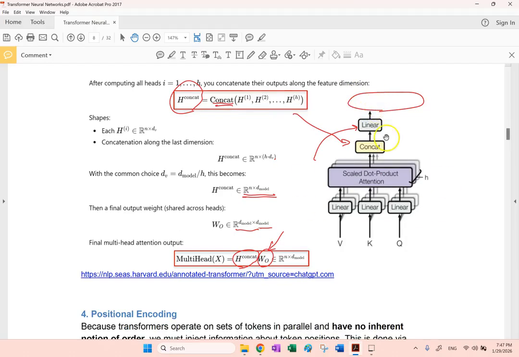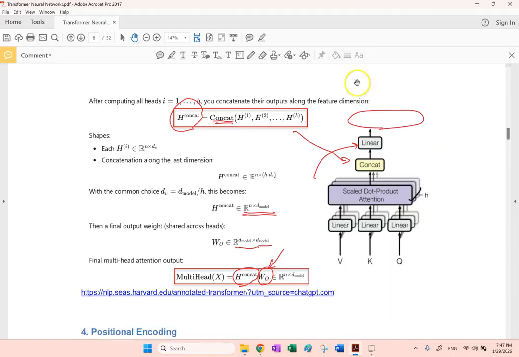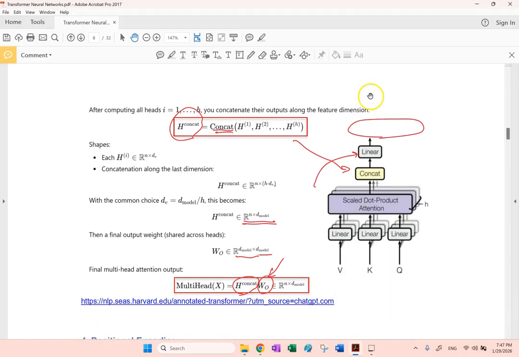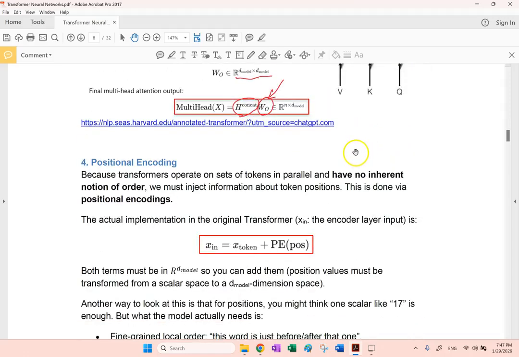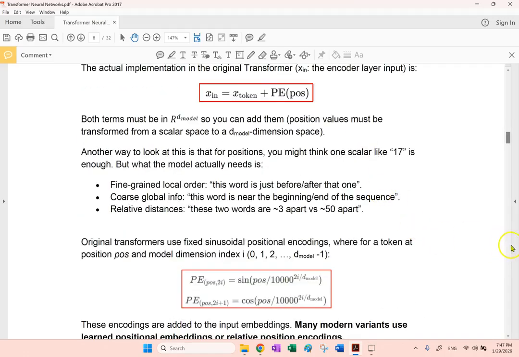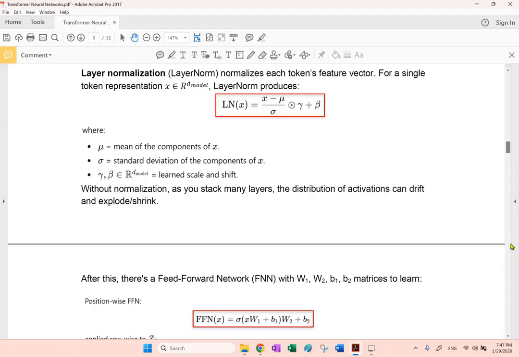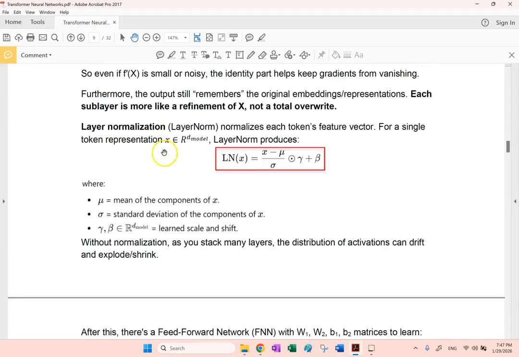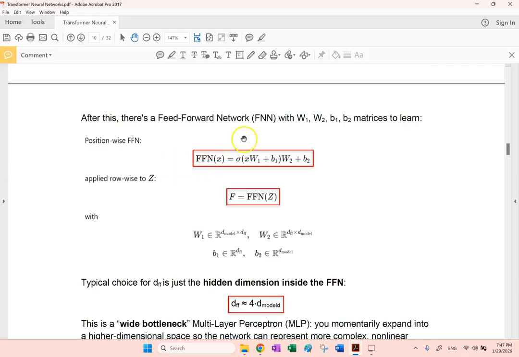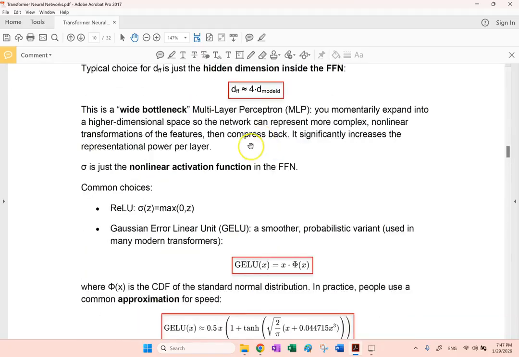Now, before we go to see the rest of it, which is n stacks of these multi-heads side by side, along with the norm layers, we have two things here, right? So we have the norm layer, so this is one layer normalization, and the next thing we have is basically a feed forward network again at the end of it.